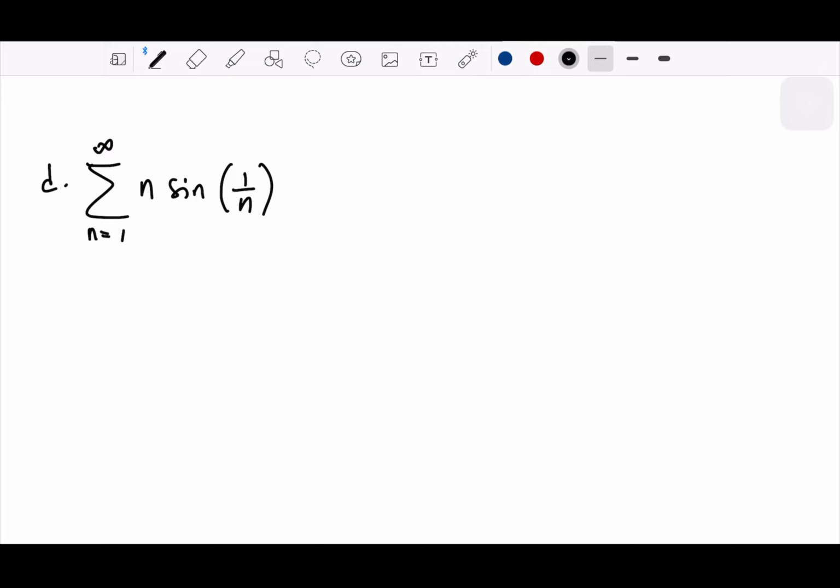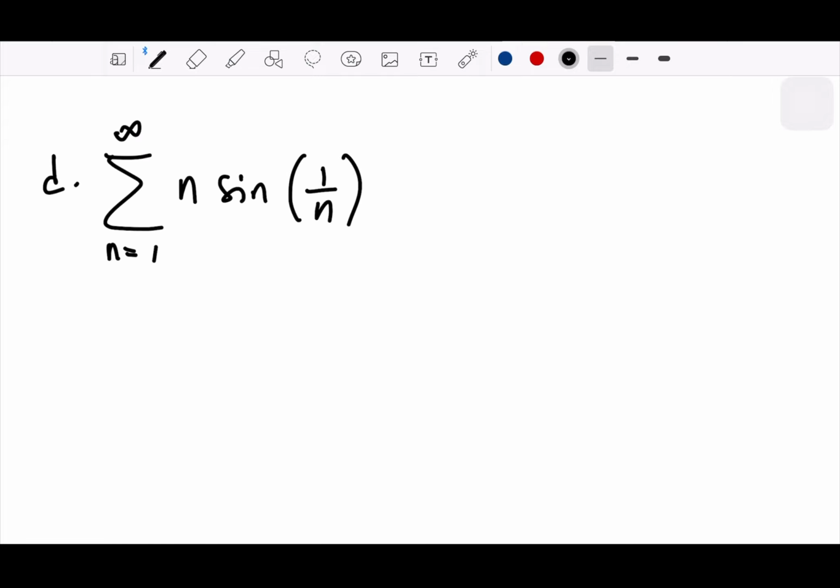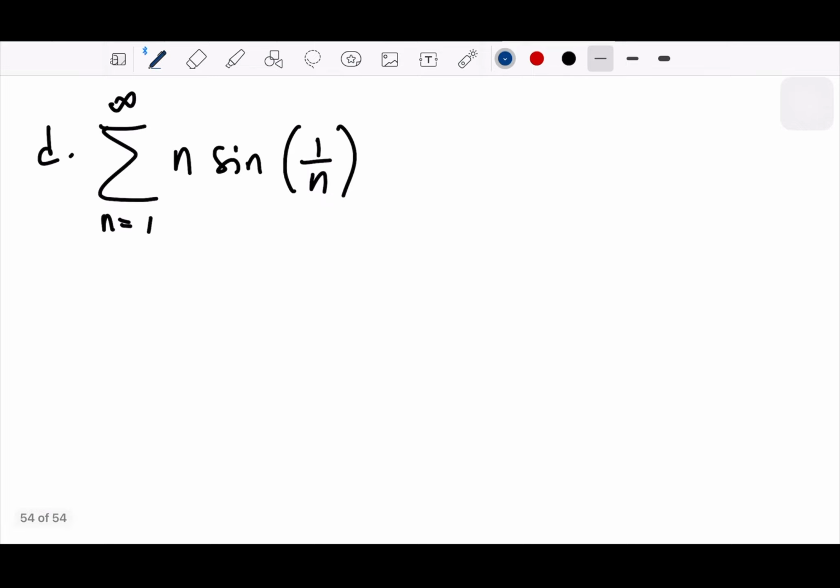Anyone maybe have tried converge or diverge? Diverge. Okay, that's good. So perhaps we can try the limit itself for the sequence.